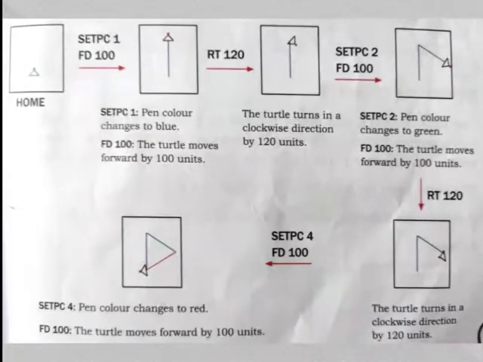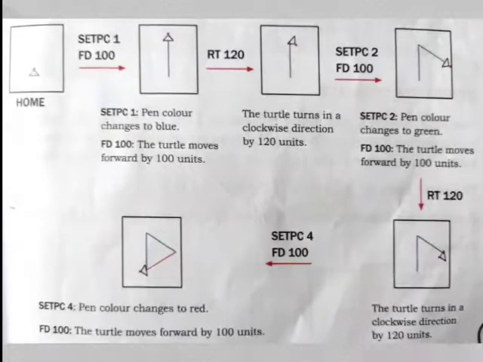RT 120. The turtle turns in a clockwise direction by 120 units. Set PC 2. 2 is for green color. So, pen color changes to green. FD 100. The turtle moves forward by 100 units. RT 120. The turtle turns in a clockwise direction by 120 units.